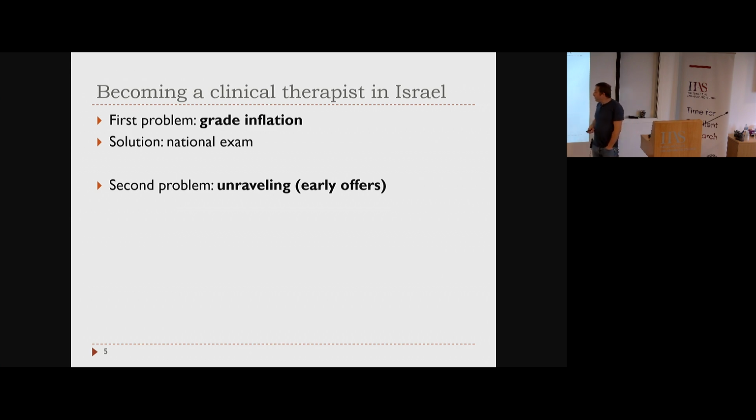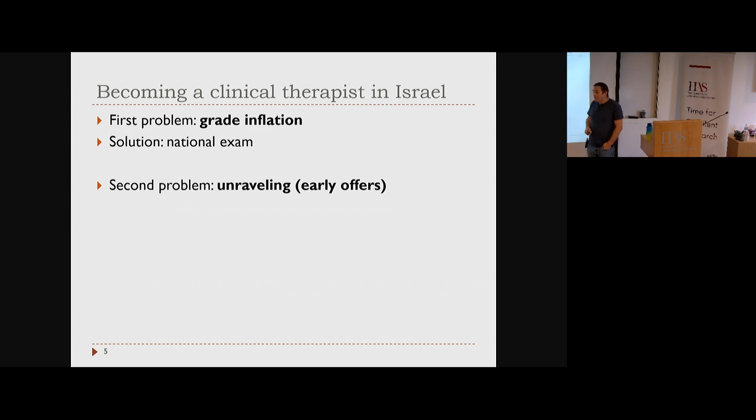Okay, there are at least two bad things about that. One is that the departments usually do not know really who is going to be a good clinical psychology program candidate by the time they're doing their second year exams. Those are usually statistics exams. It's not highly indicative of how good they're going to be as a clinical therapist.